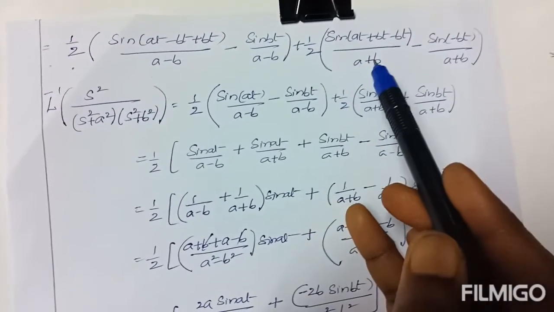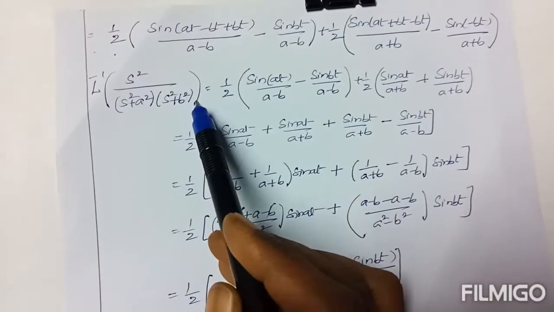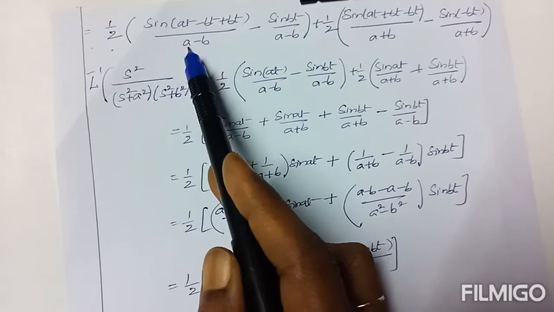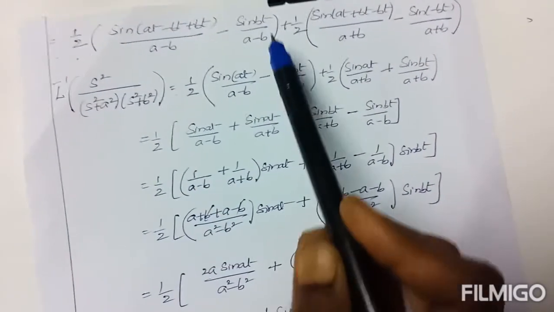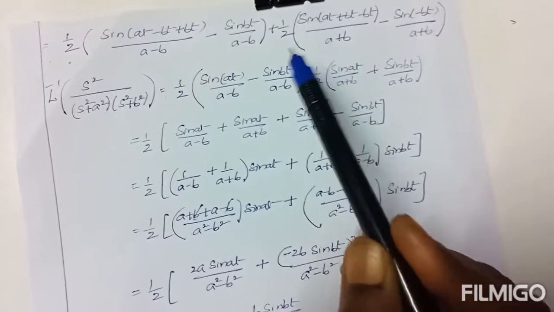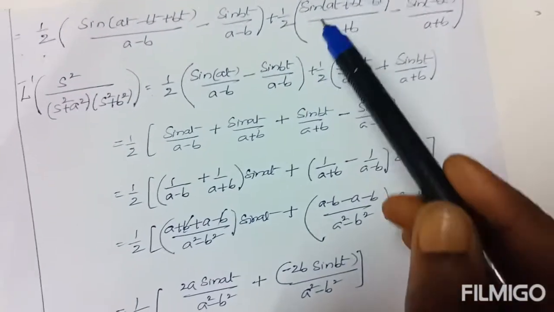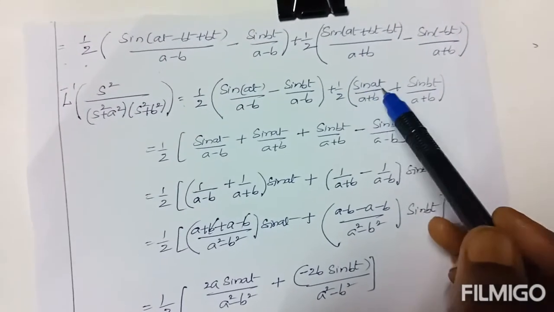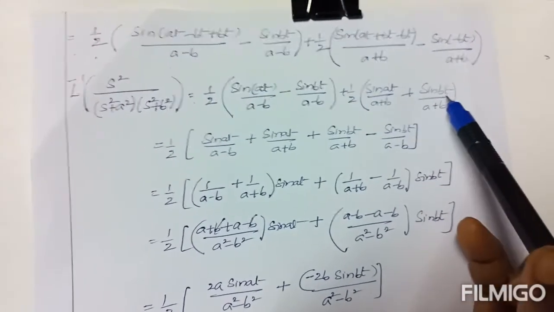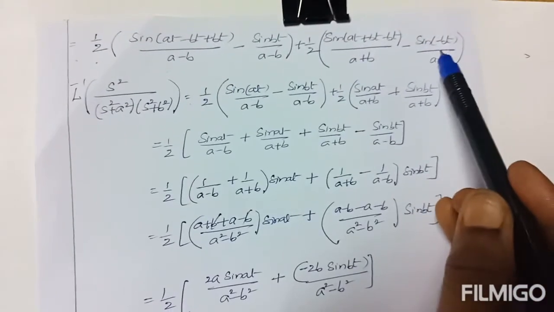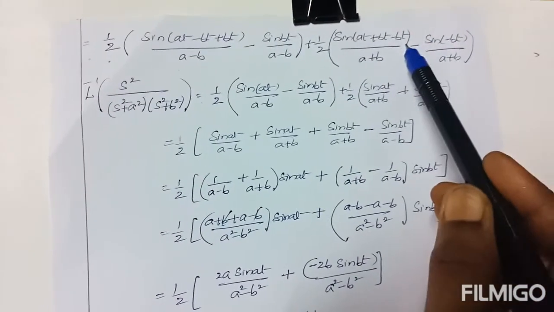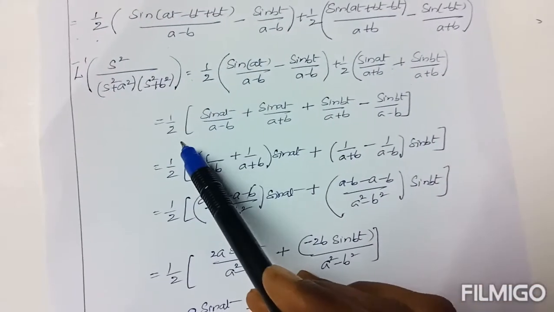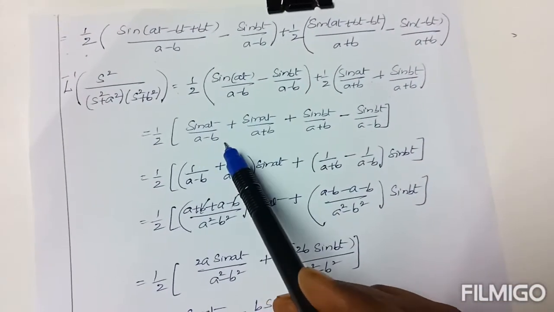Very ordinary calculation. Left side as it is, equal to 1 by 2. Here bt cancels: sin at by a minus b minus sin bt by a minus b, plus 1 by 2 into, here also bt cancels, plus bt minus bt, sin at by a plus b plus sin bt by a plus b, since sin of minus theta is minus sin theta and minus of minus is plus. 1 by 2, sin at by a minus b.